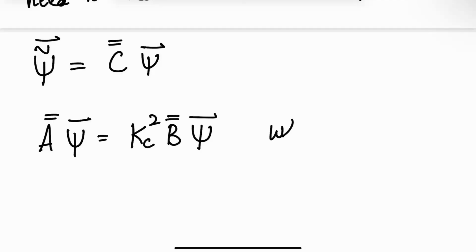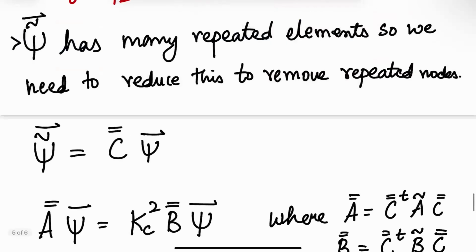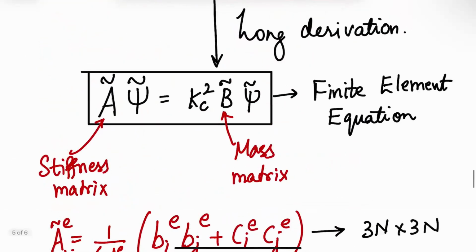Okay, where A is nothing but C transpose A tilde C. That's your connection matrix. And B is nothing but C transpose B tilde C. And then this is kind of trivial, obviously.